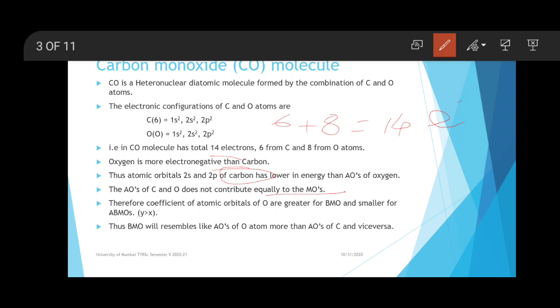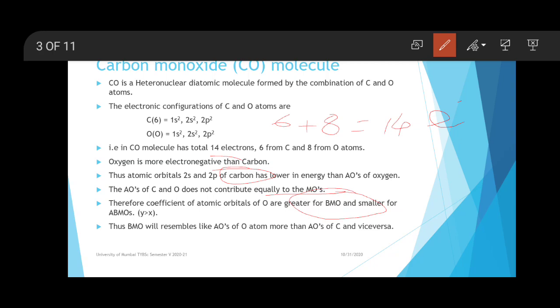therefore atomic orbitals of oxygen contribute more to the bonding molecular orbitals, while atomic orbitals of carbon contribute more to the antibonding molecular orbitals, right?